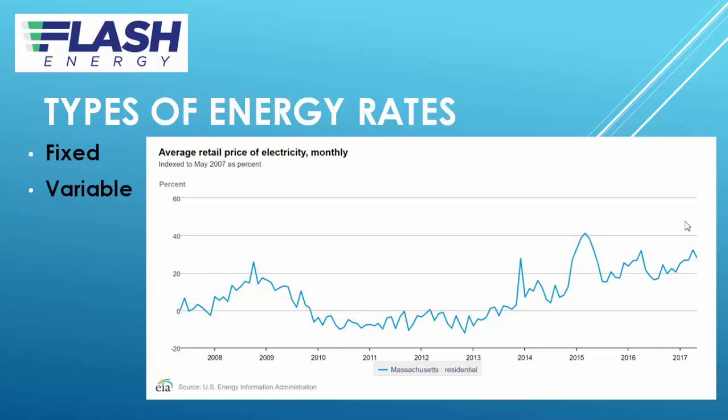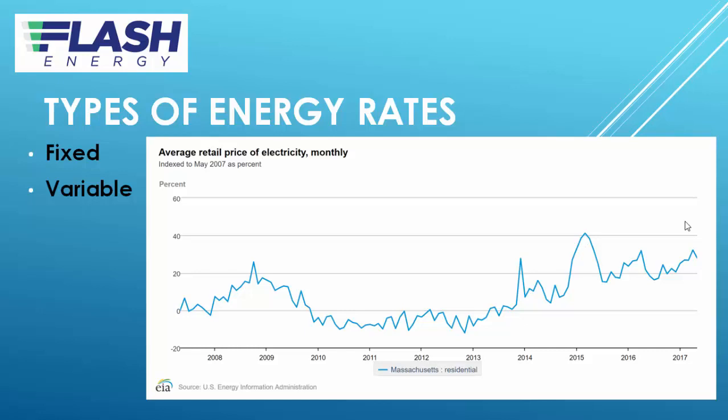So variable rate products were designed so that people who understand the market and are educated about the market have flexibility in their product and can take advantage of falling rates at times when the market is doing that, and be able to switch and go back over to a fixed rate plan whenever they see that the price is going to go back up. So when the consumer is educated properly and they're getting the right guidance from their broker, you can really do very, very well on variable rate products.